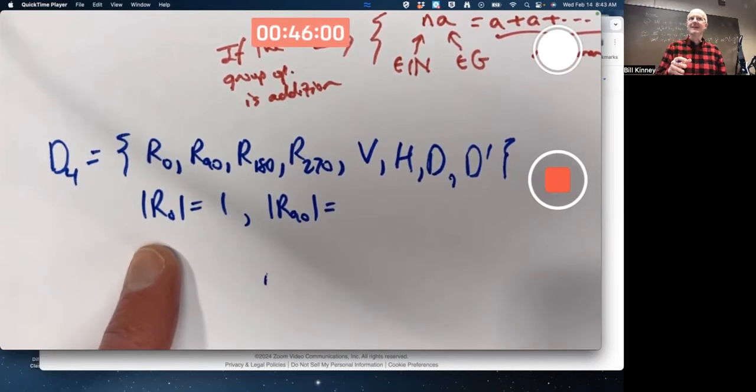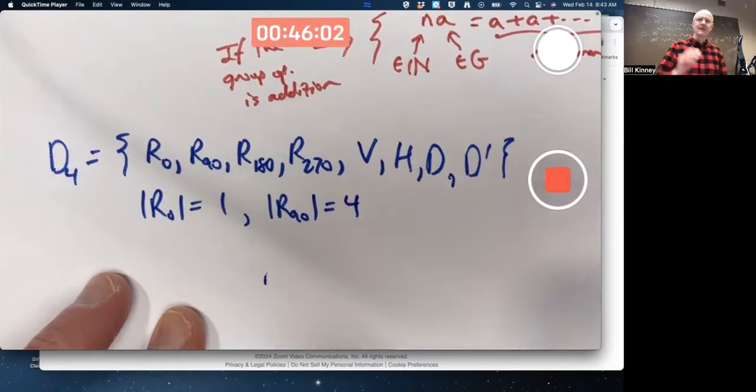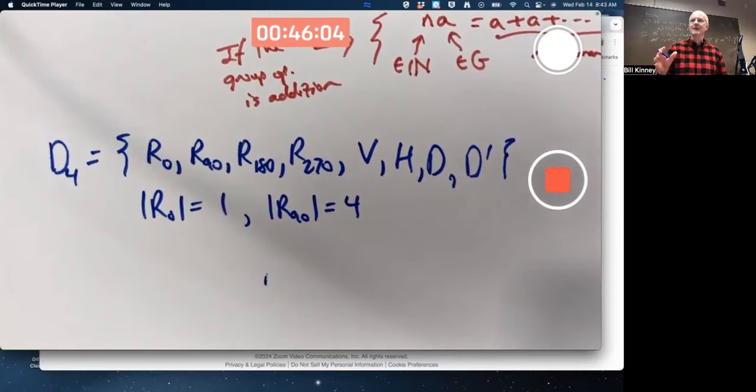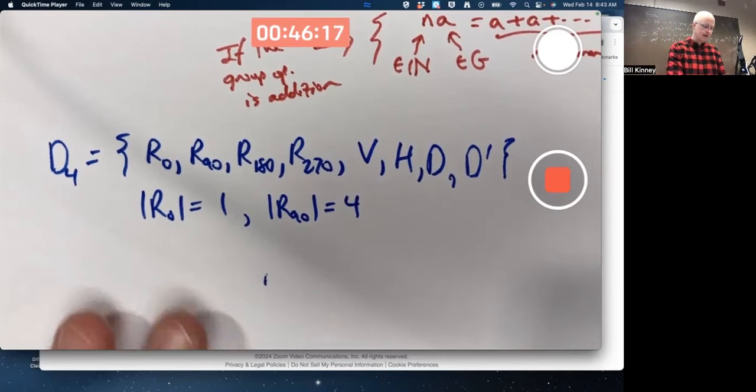Go ahead. 4, yeah. Apply R90 4 times, meaning 4 factors in the product, so to speak. You're going to get the identity. Do a 90-degree rotation 4 times. It's equivalent to not doing anything.